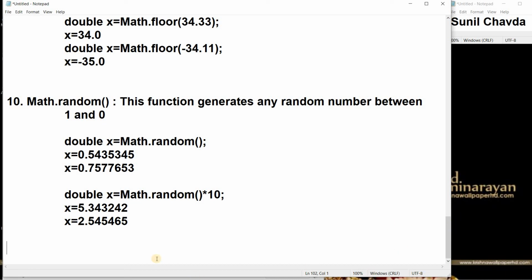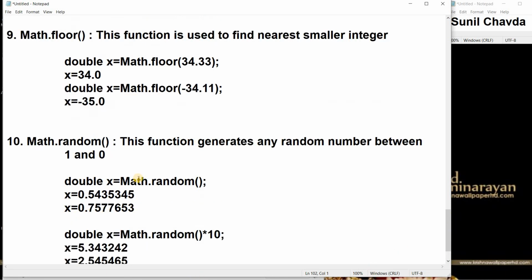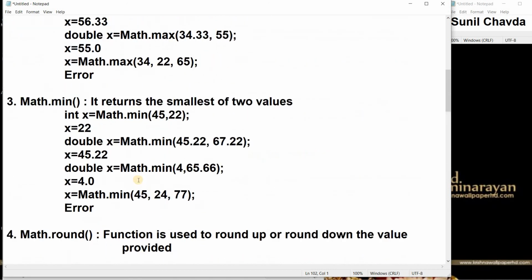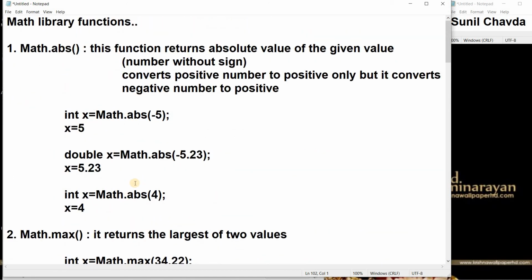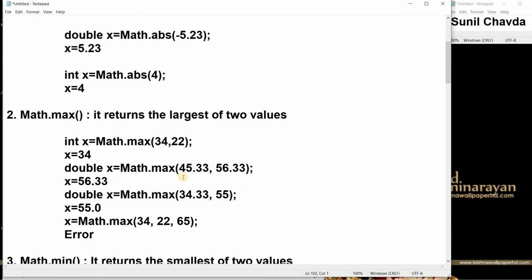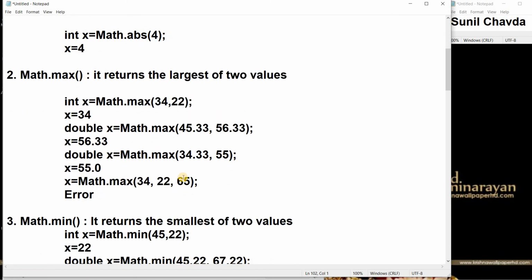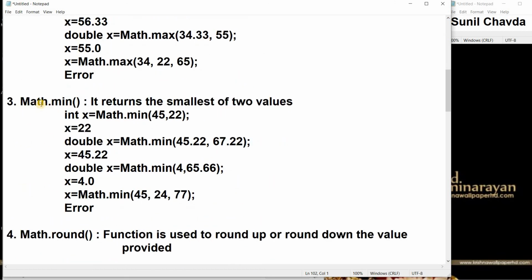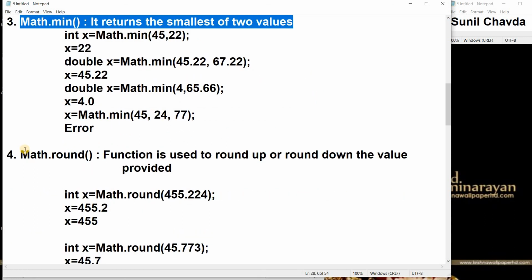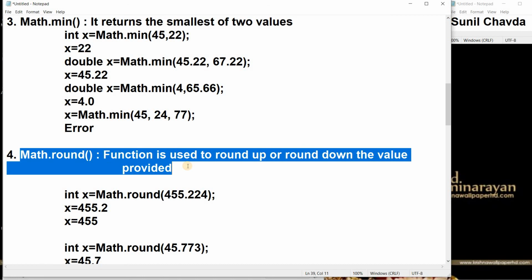Let us have a quick recap of whatever we have done. We started with Math.abs, which gives you only a positive value; negative turns into positive. Then Math.max calculates the largest value. Math.min calculates the smallest of two values. Math.round will round the number.